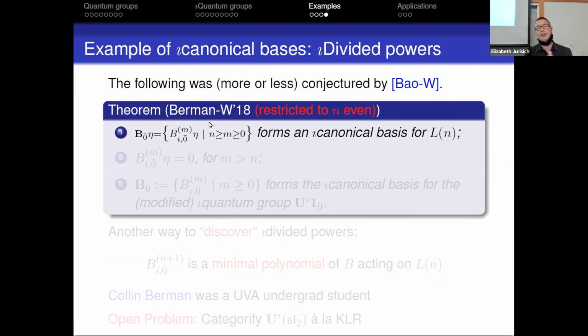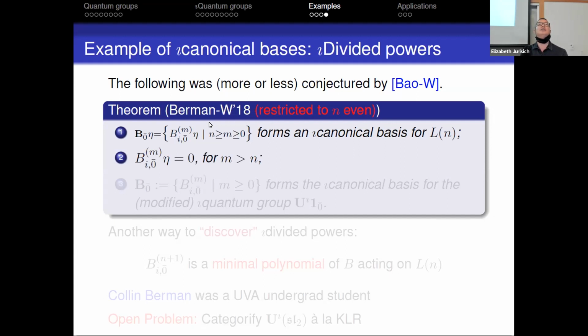And the formula was more or less conjectured in the first paper with Bao. We know the i-canonical basis exists abstractly, but we had a little difficulty checking that these elements I wrote down are really integral. That appeared in my work with Berman. And basically we're saying if you apply the i-divided power to the highest weight vector, the non-zero ones form a basis. Let's forget about the non-i-canonical.